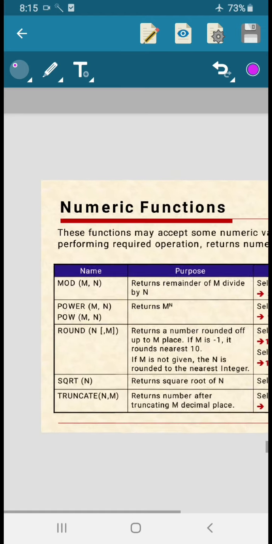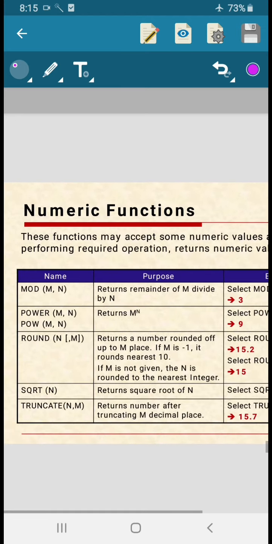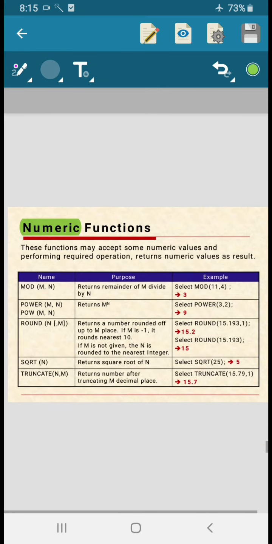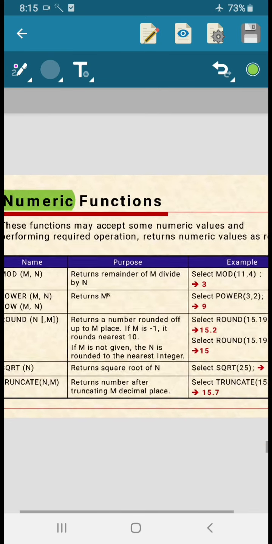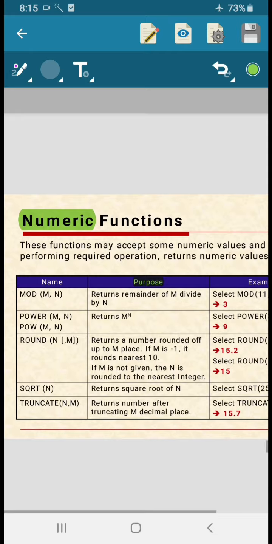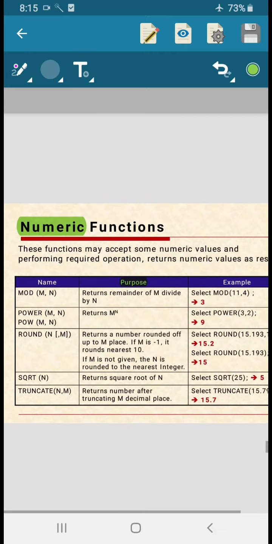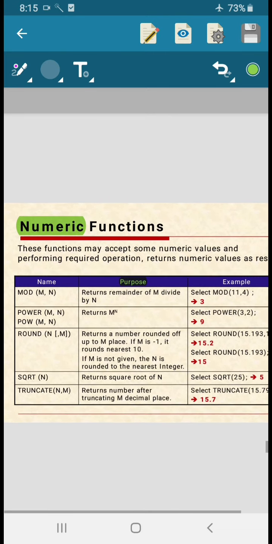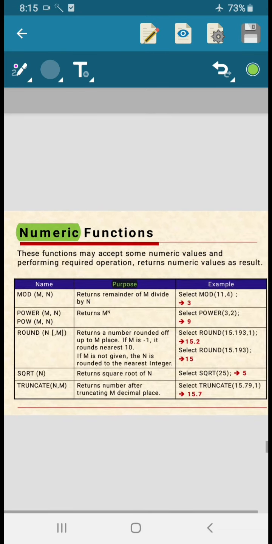Let us go with the next concept, called numerical functions. Numerical functions are also called mathematical functions. They act upon numerical values. These functions accept some numerical values, perform a specific operation and return a numerical value as a result. Let us see the examples.